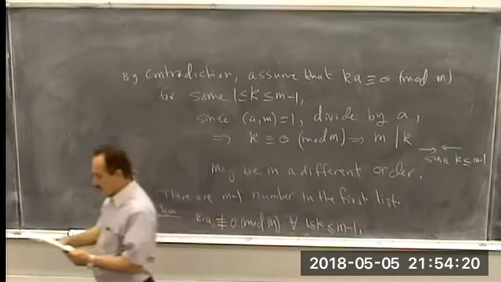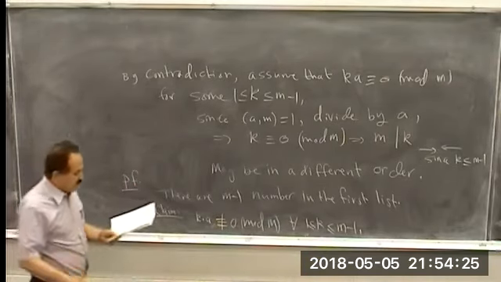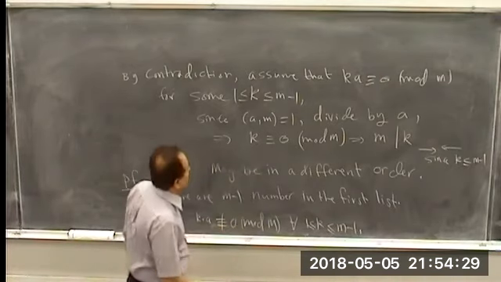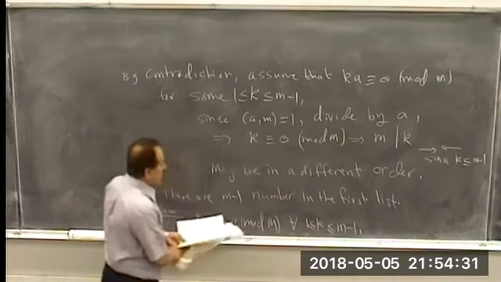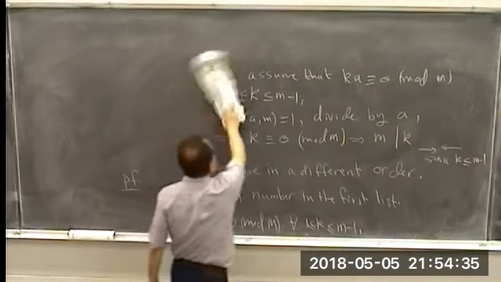Alright, we have another claim, that the numbers in the first list are incongruent pairwise. They are not congruent. None of them is congruent to another one. Okay, so here's another claim.